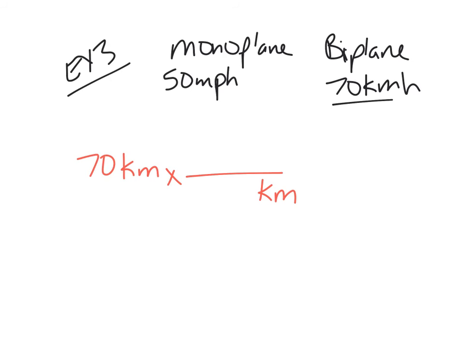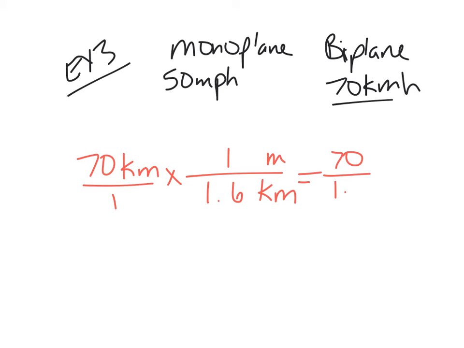Is there a quick kilometers to miles? Yes, there is. So find it and tell me what you think. 1.6. So 1.6 kilometers to 1 mile. Yep. So then we multiply straight across.